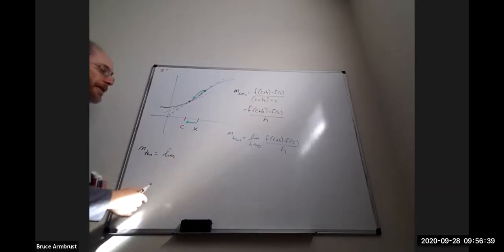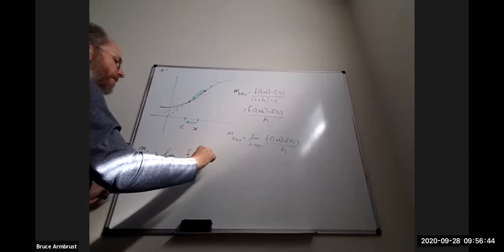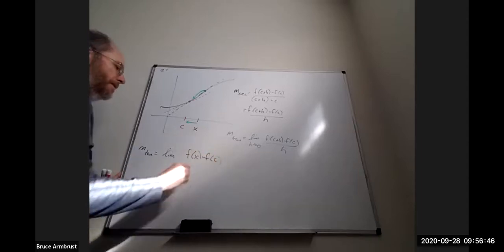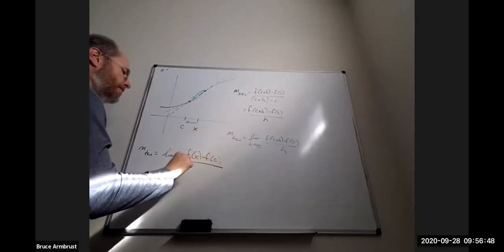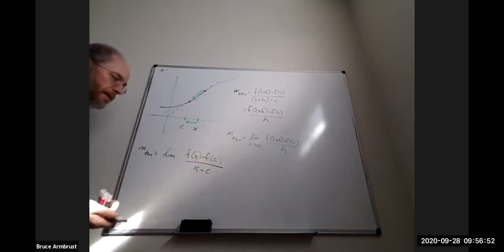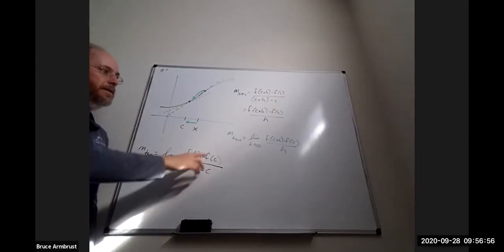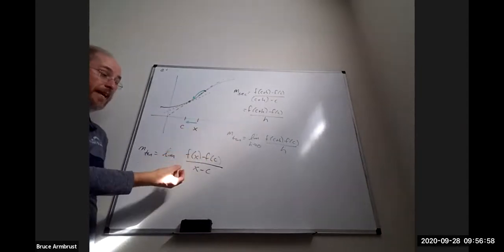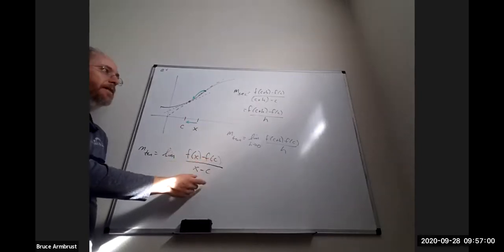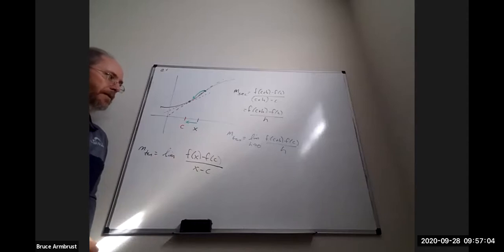But if we think about this fraction then, the y's are going to be f of x and f of c. And the x values, of course, are x minus c. So it definitely looks a little bit different. But it's the same idea. It's the y values on top, the x values on the bottom. We're just naming them differently.